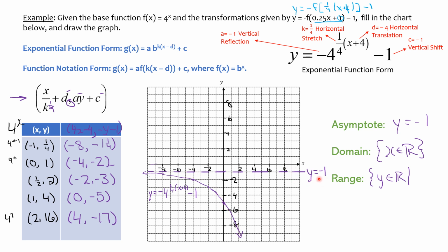We don't actually touch that line. We approach an asymptote, but it will never be crossed. This line is just going to get infinitely closer and closer to the asymptote, but it will never touch it. That's why we write y is an element of real numbers such that y is less than, not less than or equal to, just less than -1.